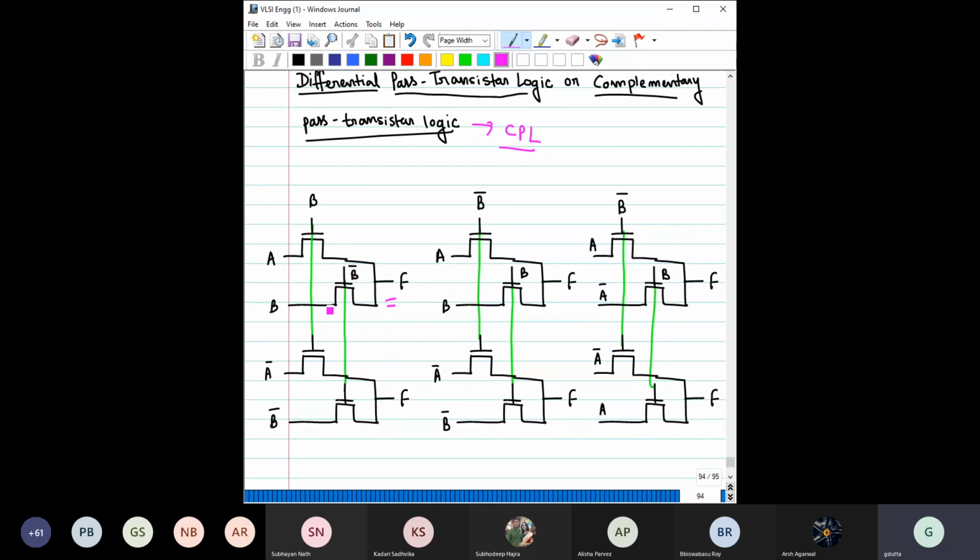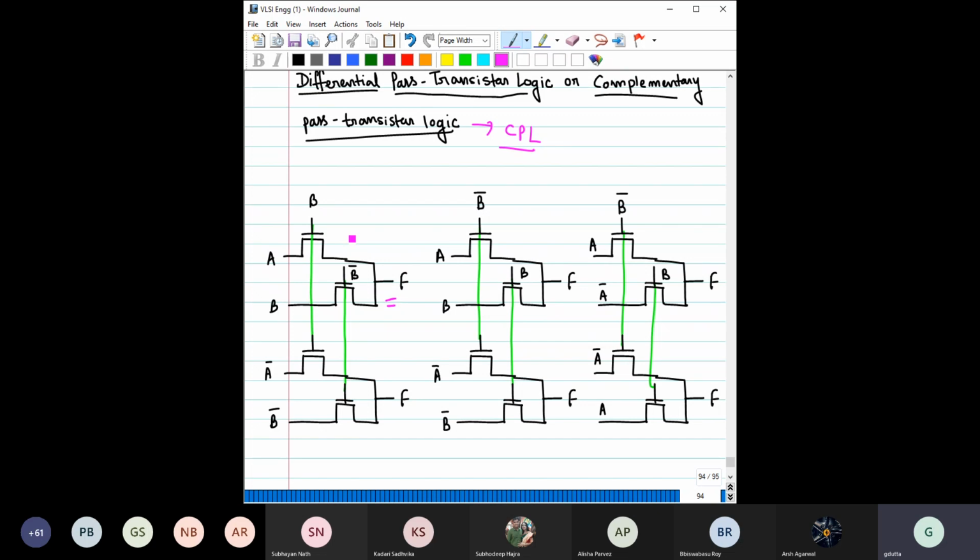So B is already 0, so that means the output is 0. Now when A1 B1, obviously this is off when B is 1, and this is on, A is 1, so both are 1 1, so output would be 1. So at 1 1 the output is 1.